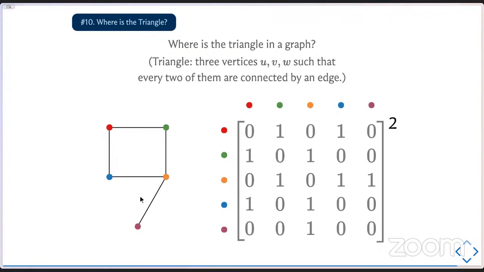I only want to know if there are 4 vertices A, B, C, D such that AB, BC, CD, and DA are all edges. There could potentially be other edges between these vertices or not. I'm not going to worry about that.